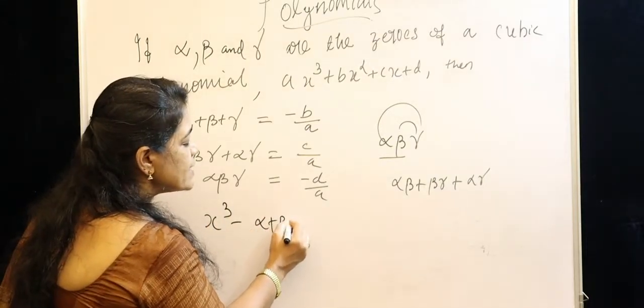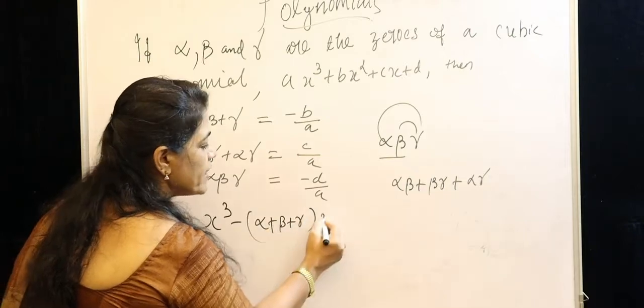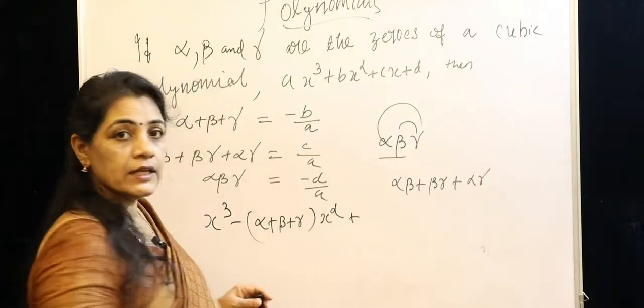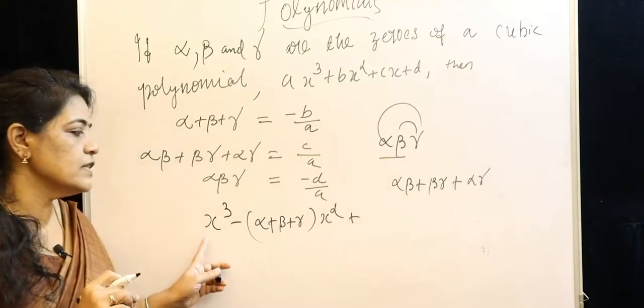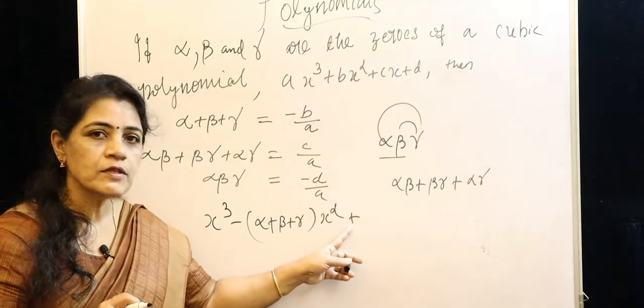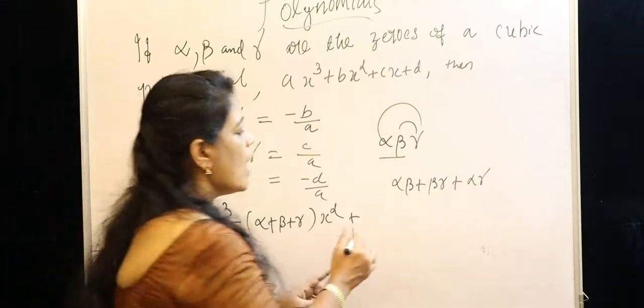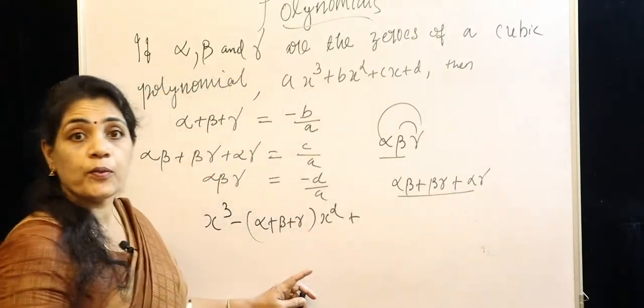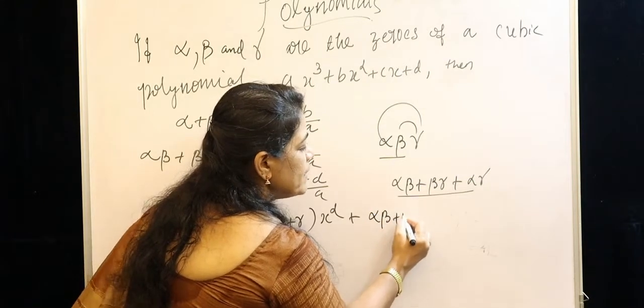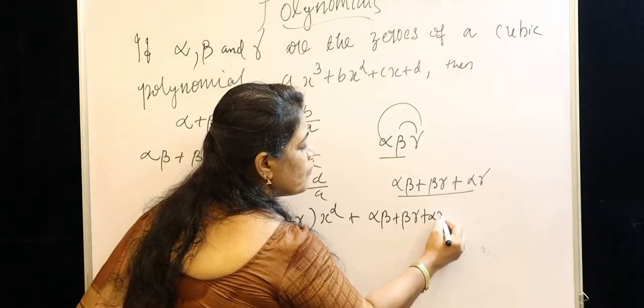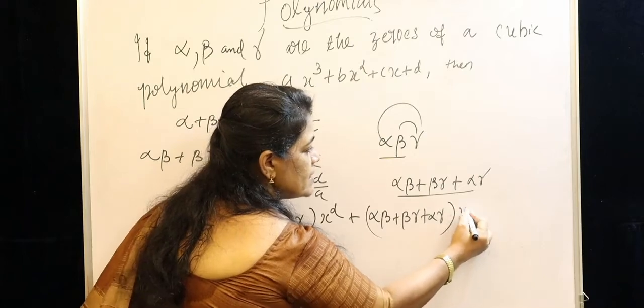alpha plus beta plus gamma into x square plus, I told you, alternate plus and minus. Here the first term positive, negative, now comes positive for the x term. This is the sum of product of zeros taken 2 at a time, alpha beta plus beta gamma plus alpha gamma, and the variable is x.